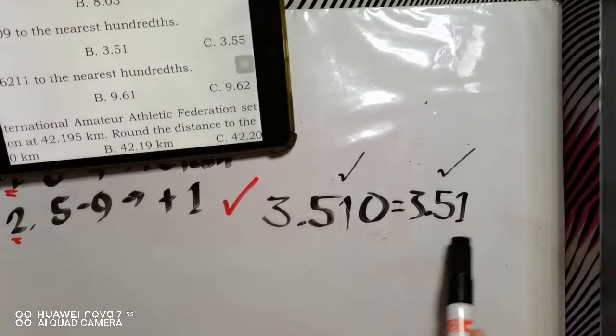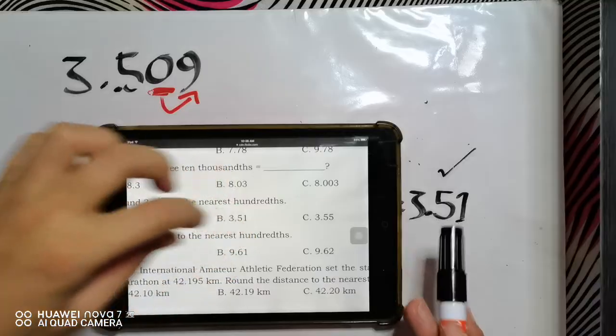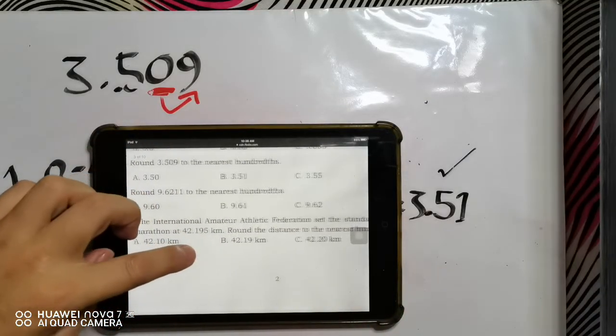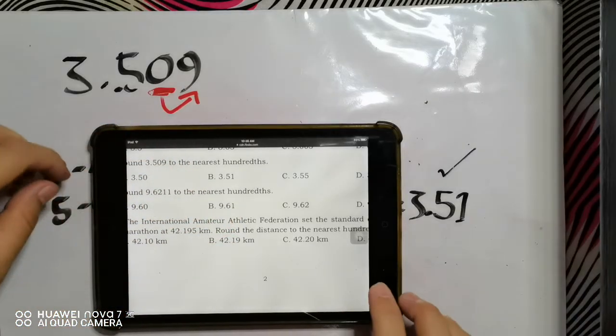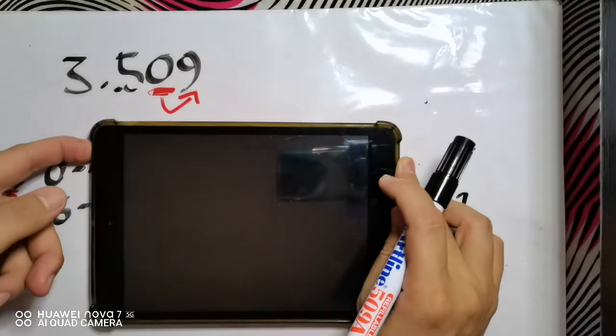Ito, pwede may 0, pwedeng wala. They are both correct. Okay. Dito sa number 10 ay binigyan na tayo ng problem. Okay. So let us try to answer this.